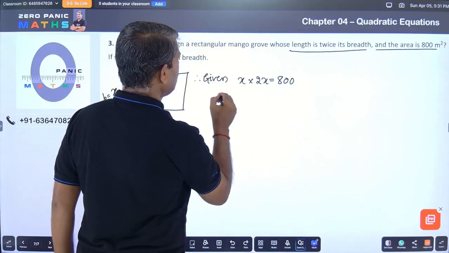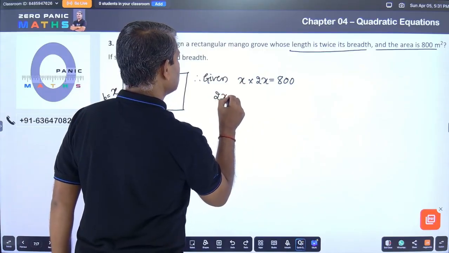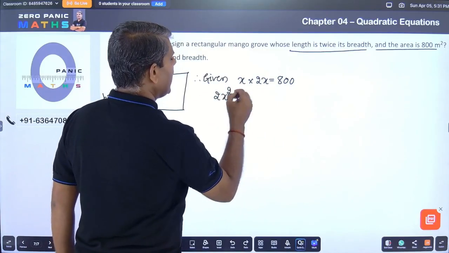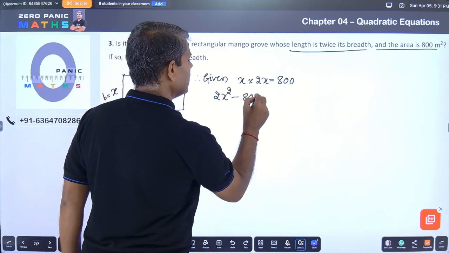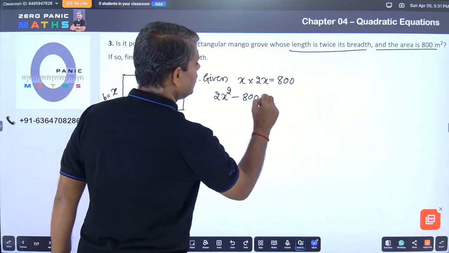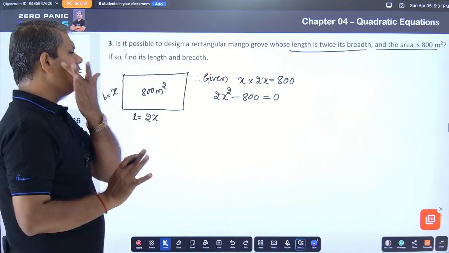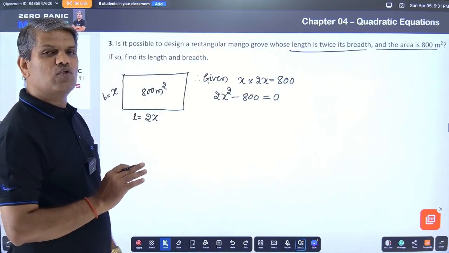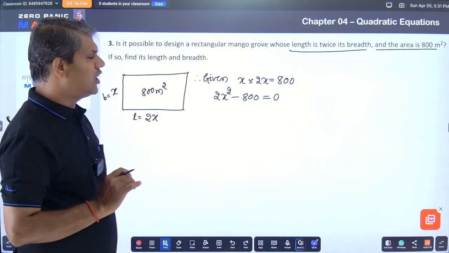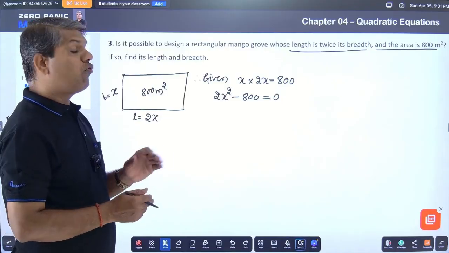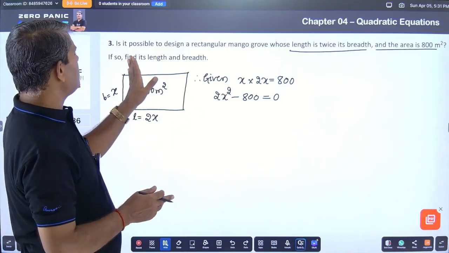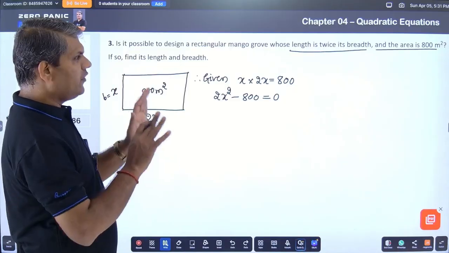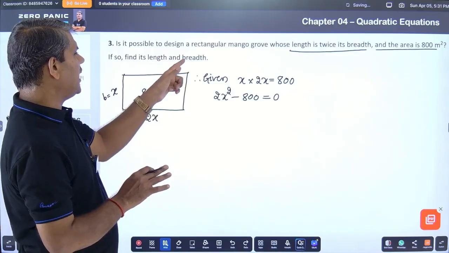So x into 2x, which is 2x square, minus 800 is equal to 0. This is our quadratic equation. There is no b term here, it means b is equal to 0. We need to find out whether this situation is possible or not. If yes, then we'll have to find out the length and breadth.